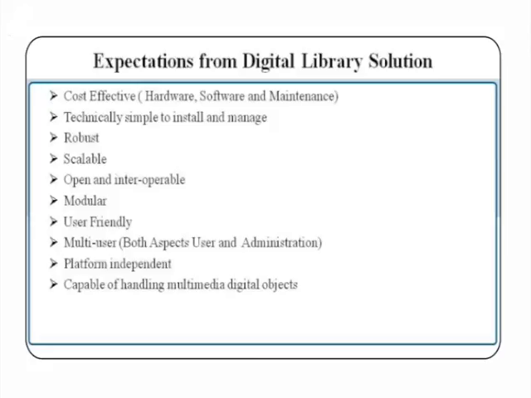The solution should be robust and scalable in such a way that it can handle large volumes of data seamlessly, along with interoperable modular open architecture so that the necessary customization can be done easily without being dependent on software specialists. Digital library software should have a user-friendly multi-user interface so that multiple entities can use and administer the software simultaneously.